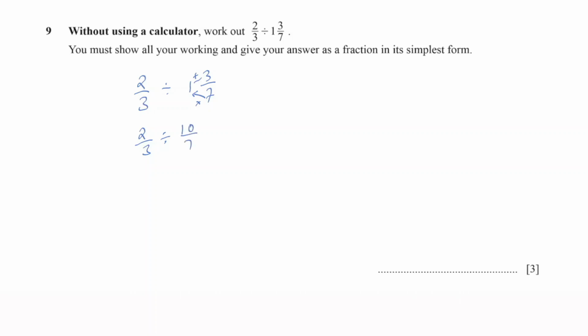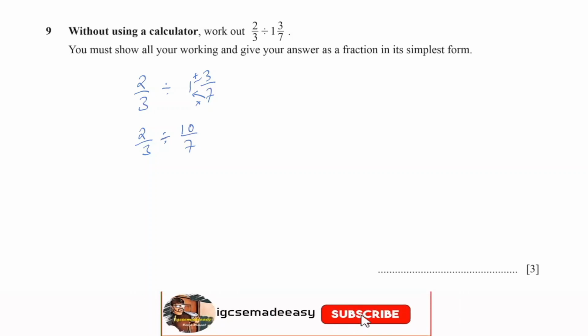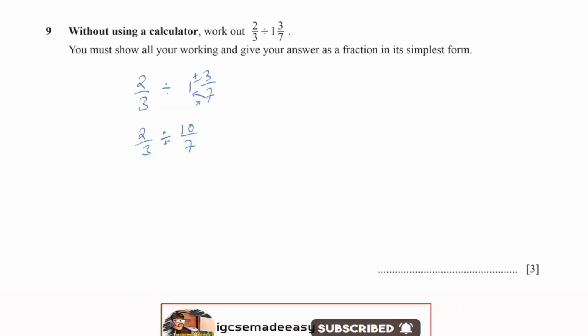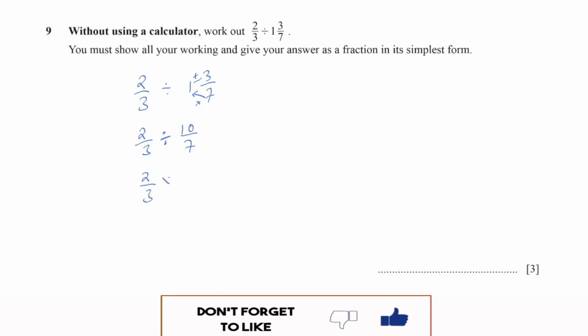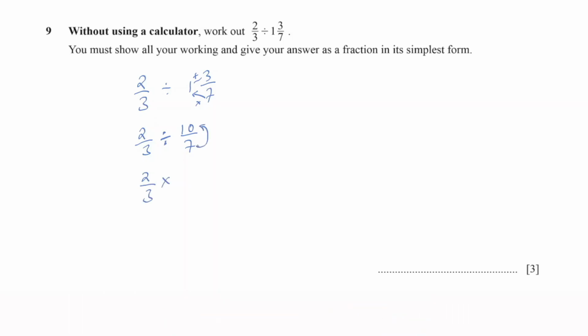So 10 by 7. The next thing is, if I take out this division sign and put multiply there, then this goes reversed. 7 will go up and 10 will come down. This is reversed only by changing the operation from division to multiply. So if I solve this question, 7 times 2 is 14 and 10 times 3 is 30.